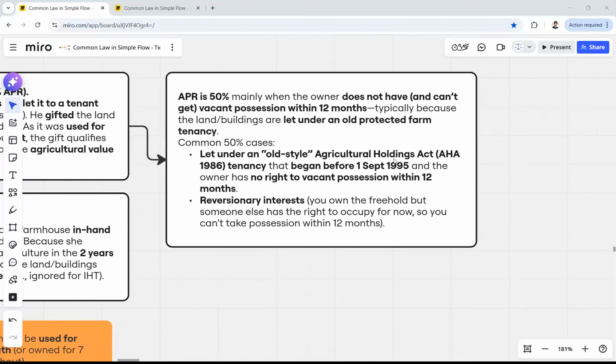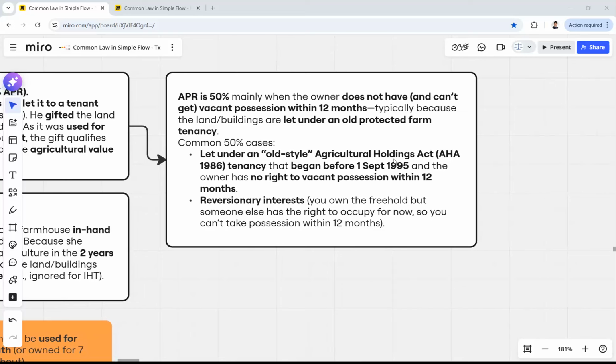APR is 50% mainly when the owner does not have and can't get vacant possession within 12 months, typically because the land and buildings are let under an old protected farm tenancy.